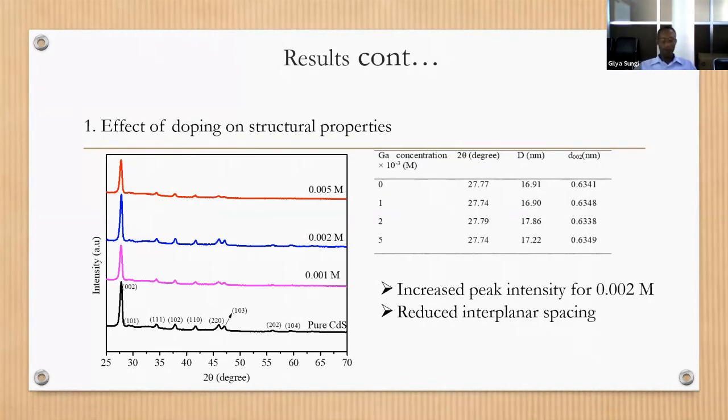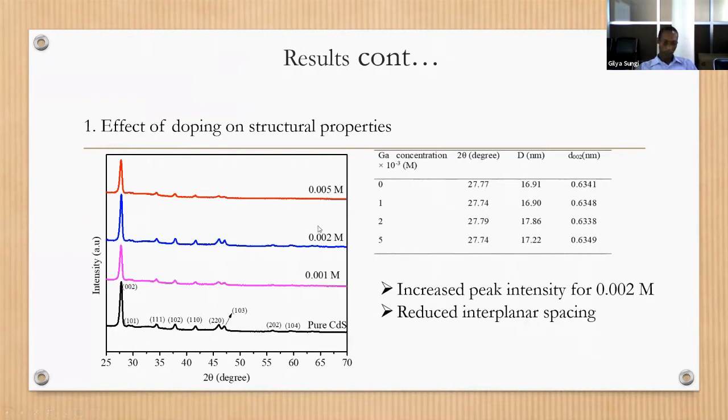We found that the spectral peak had a preferential orientation in this plane, which indicates that the prepared film had a polycrystalline hexagonal structure. We also found a few peaks which indicate the presence of cadmium oxide in the prepared film.